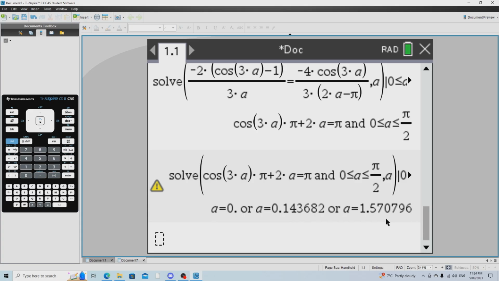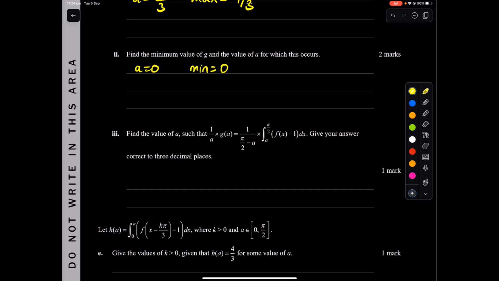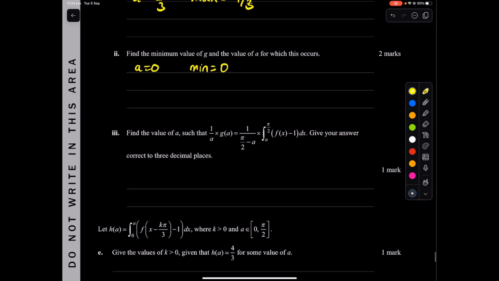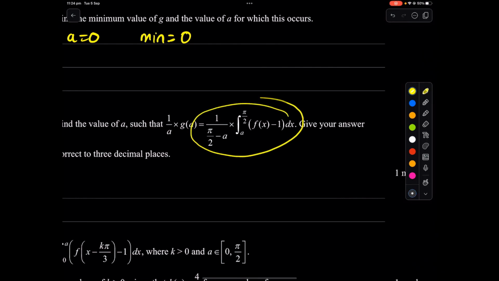Okay. I know a can equal 0, but it says find the value, not values. So let's really understand what this means. 1 over a times g of a. Aha! This is what they've done. Look at the terminals. Normally it's 1 over (b minus a) of the integral from a to b.